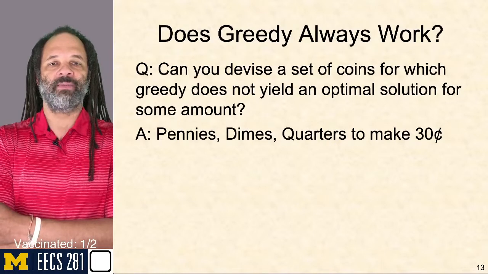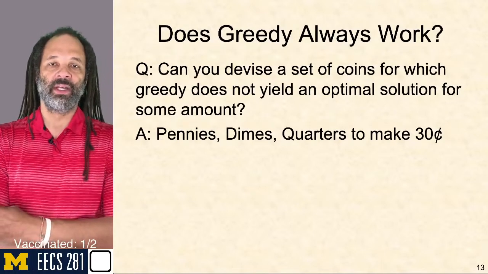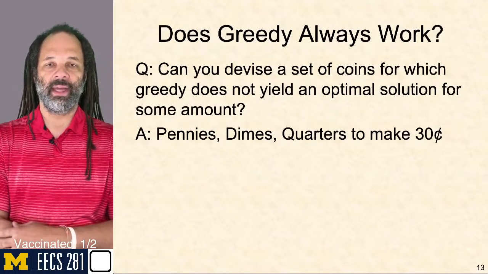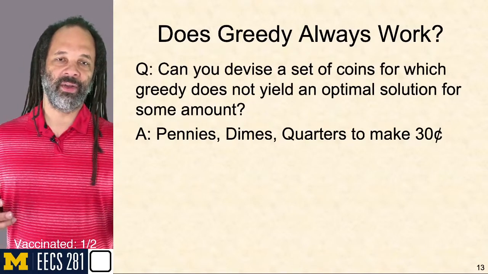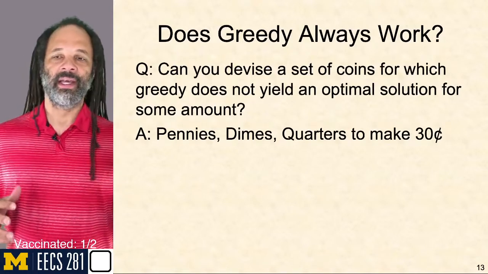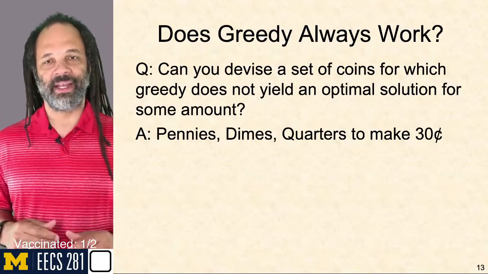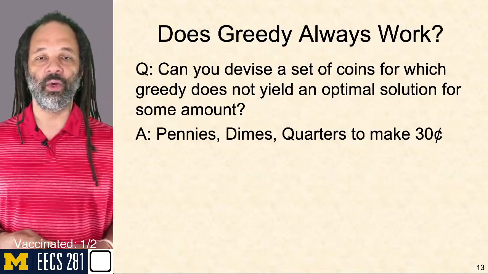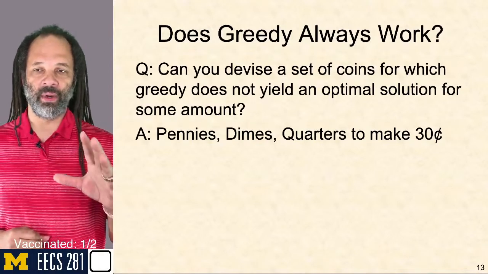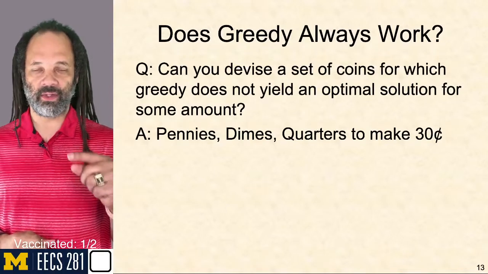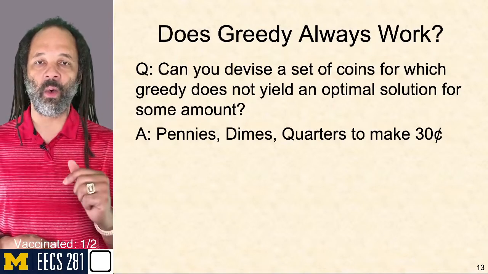In the past, people have chosen different denominations. So for instance, what if I wanted to make 21 cents change and I only had 7-cent coins and 5-cent coins, and there's different things that you can do, but you can see that given a particular input, this greedy algorithm doesn't always work.